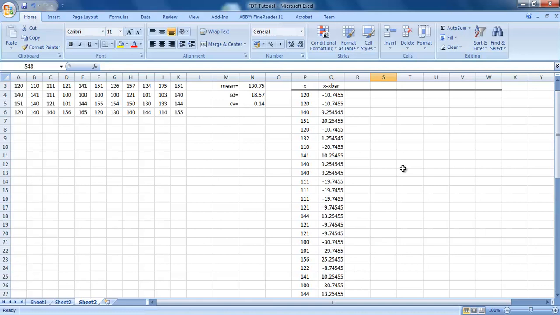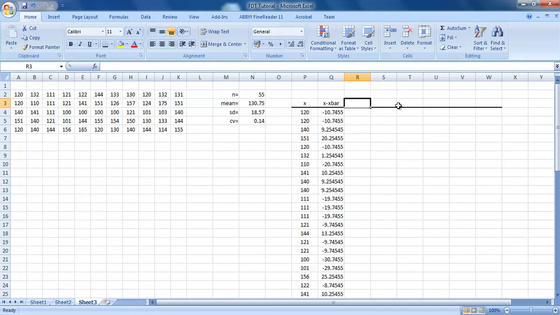Then I'm going to perform an exponentiation of X minus X bar squared. Now, what I have typed is just a label. It's not a formula. It will not be computed by the computer. So let us put the actual formula. So I'm going to square negative 10.7455. It is located at Q4, then square.